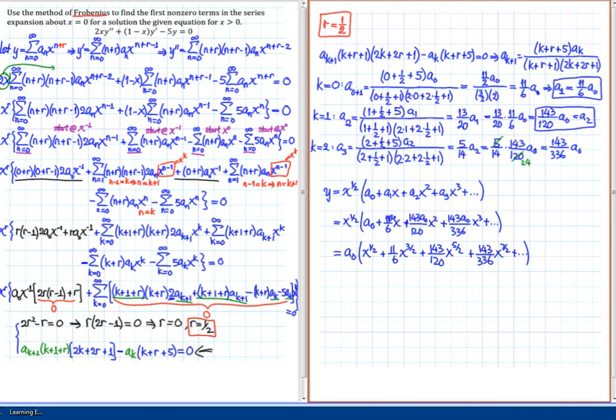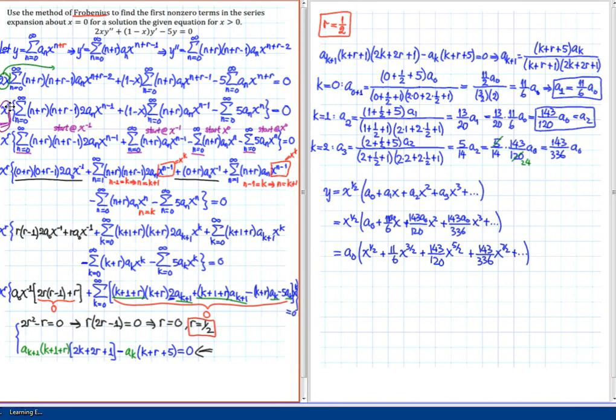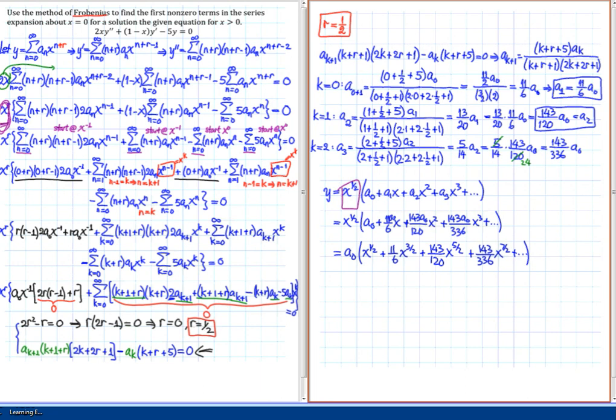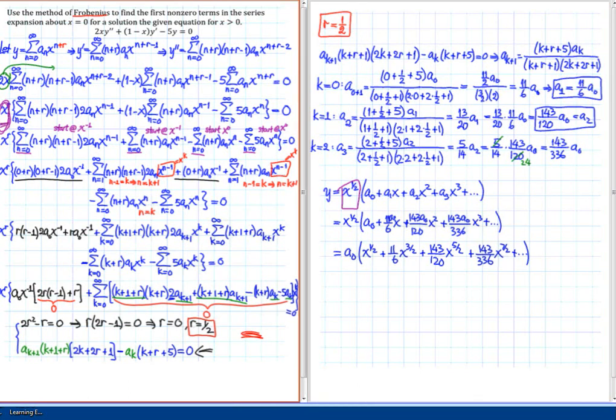First of all, that x to the r in common, that we factor out, and at the end we will have x to the r at the end. And then when we combine, that's just like when we combine the regular series. And then we do have the initial equation.